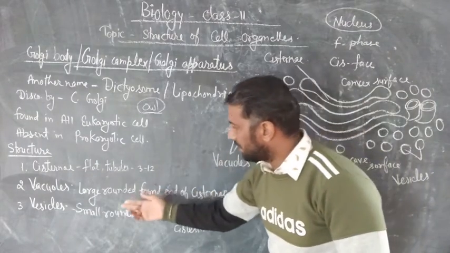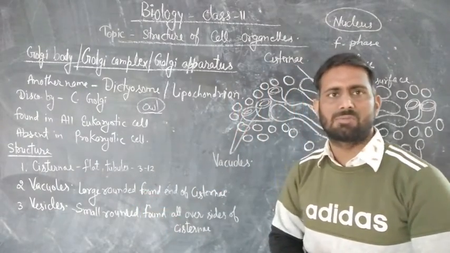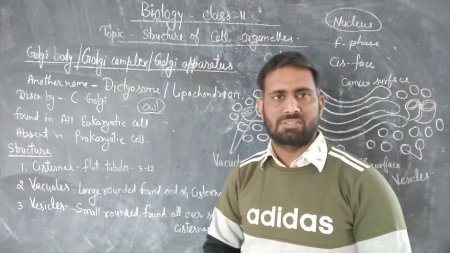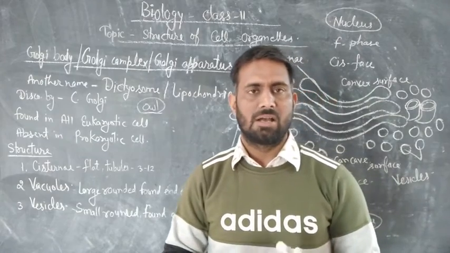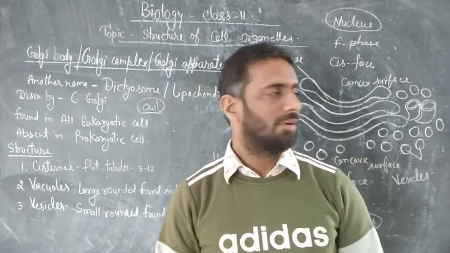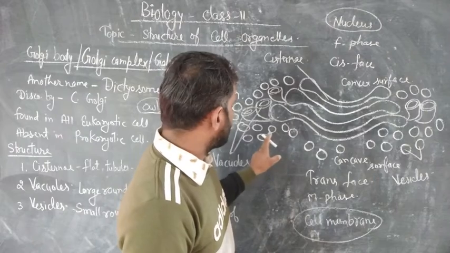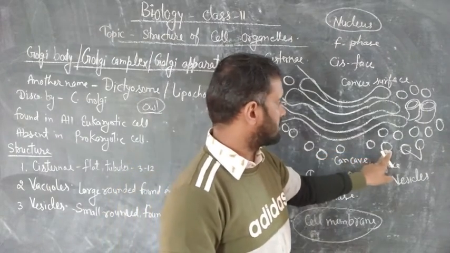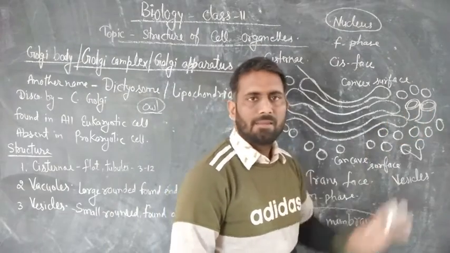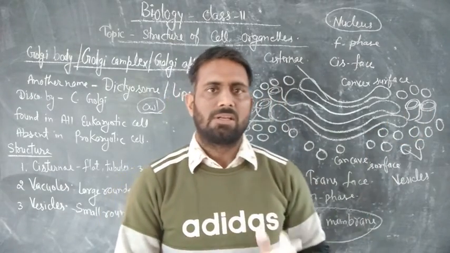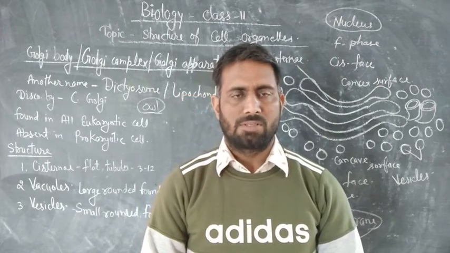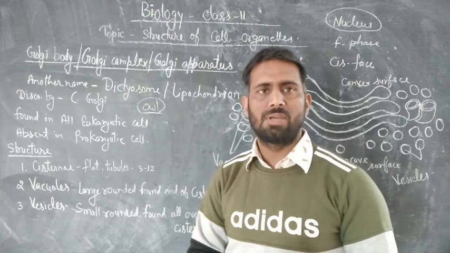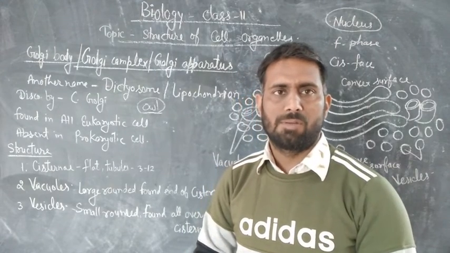The vesicles are small rounded structures which are found all over the sides of the cisternae or lamellae. This is vesicles and this is vacuoles. Okay, that is all about the structure of the Golgi body, and now we are seeing the function of the Golgi body.